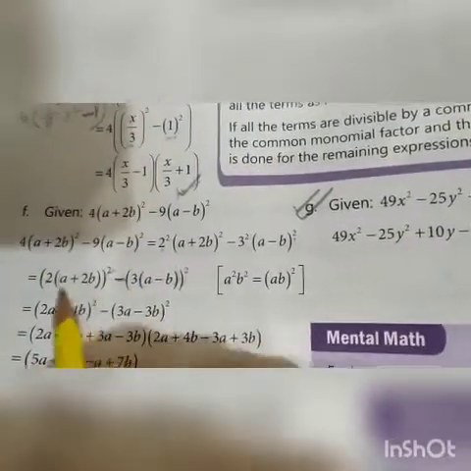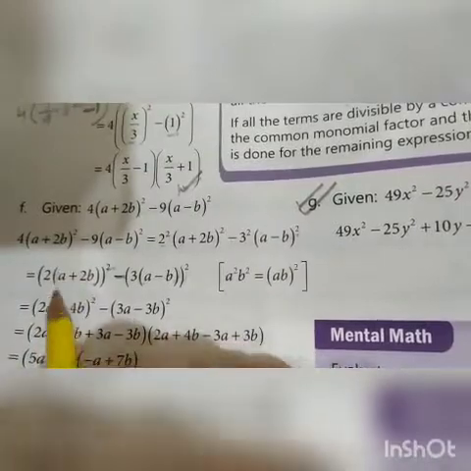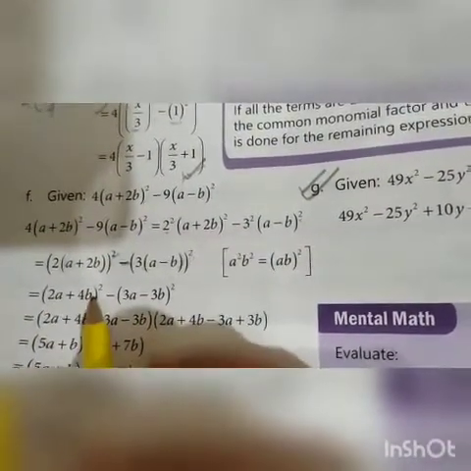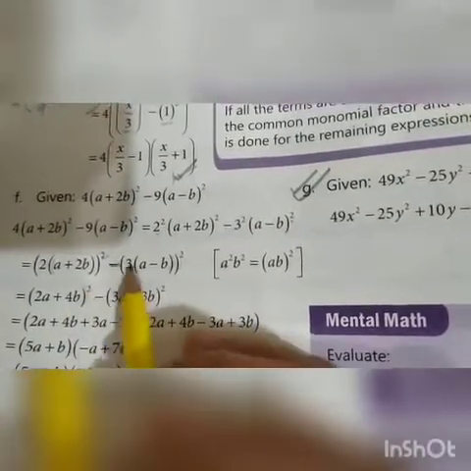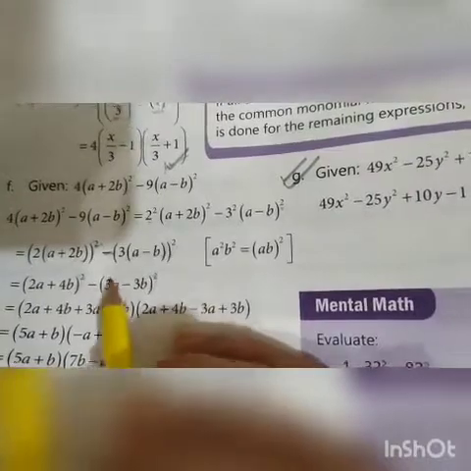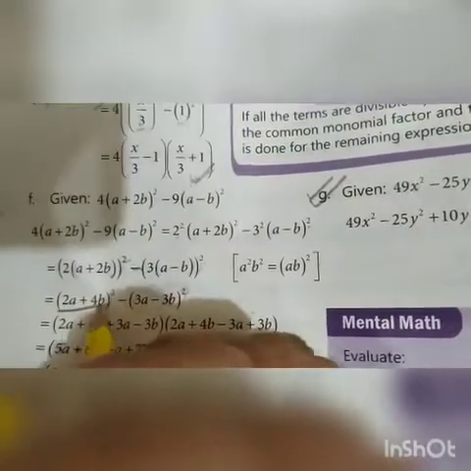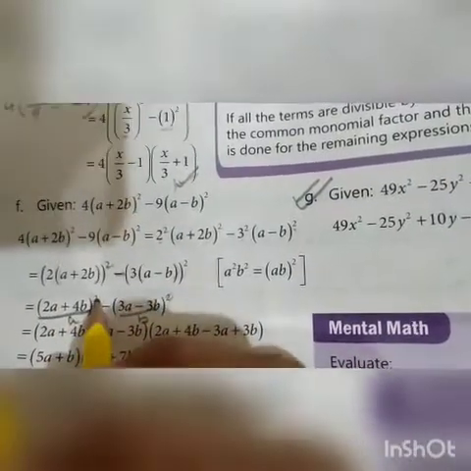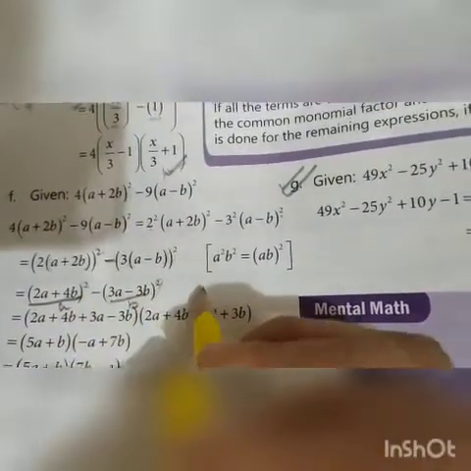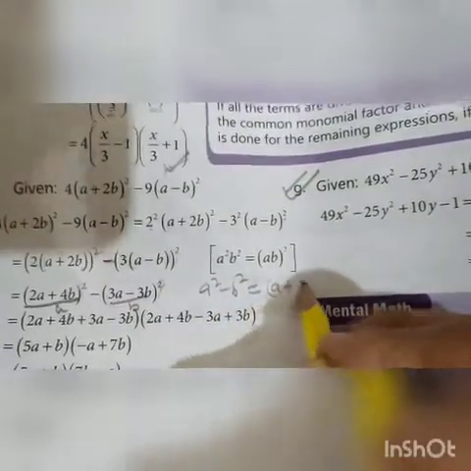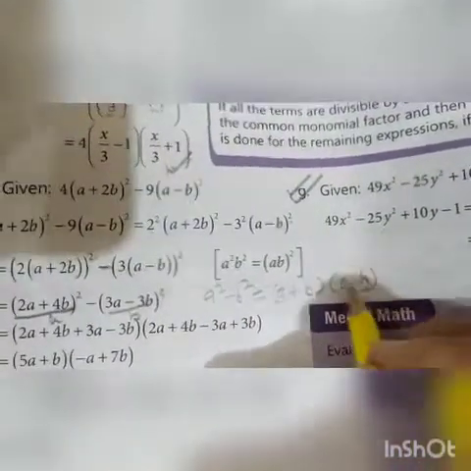Clear? Now multiply this 2 into a, 2a, plus 2 into 2b is 4b. This is (2a plus 4b) whole square minus, 3 into a is 3a, minus 3 into b is 3b, whole square. Now this is a and this is b. So a square minus b square. Now we will use the identity again. a square minus b square is equal to (a plus b)(a minus b).